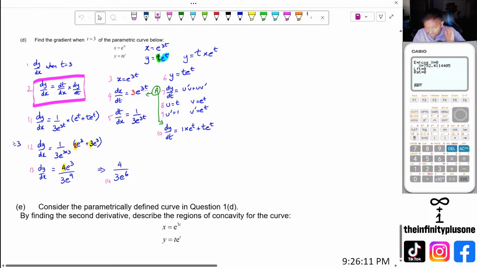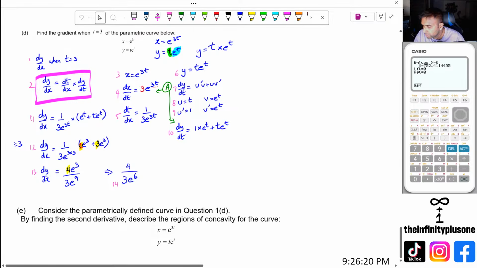Okay, so here is the question. We did this earlier at the start of the session, which was a merit question. Now it's just going to have a follow-up question to it, which is an excellence question. What you're asked to do is to describe the concavity.